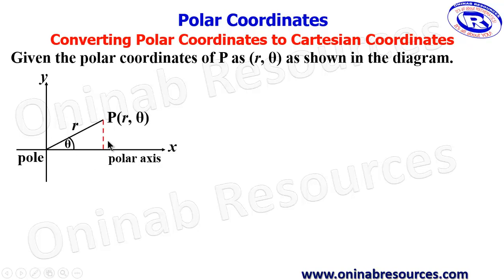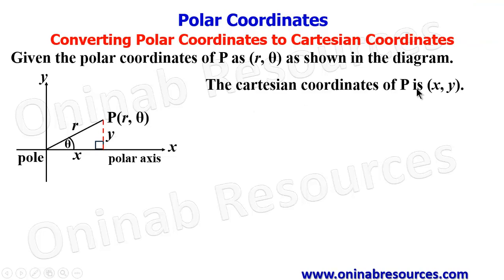If we complete this as a triangle, we are going to have a right angle triangle, and in this case this is x and this is y. The Cartesian coordinate of P is x comma y, where cos theta is equal to x over r. We are using the trigonometric ratios.